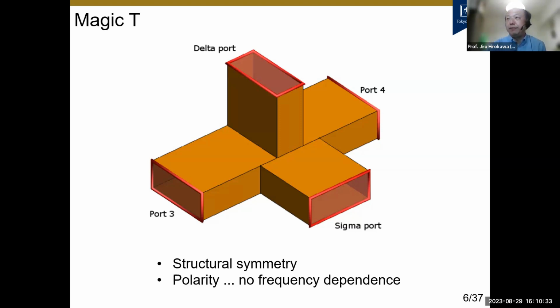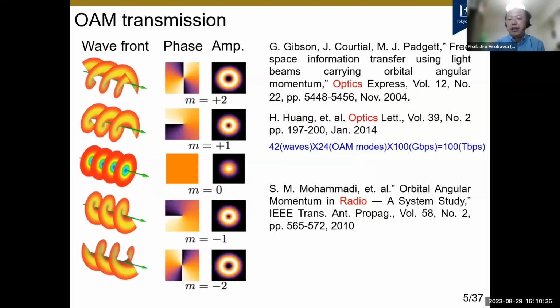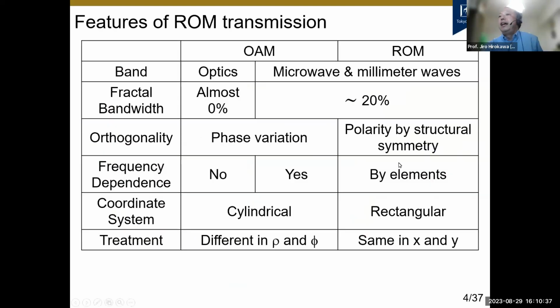And this ROM transmission is based on the orthogonality in rectangular coordinate systems, so we can treat x and y directions equally. So it is easily extended from one-dimensional orthogonality to two-dimensional one.